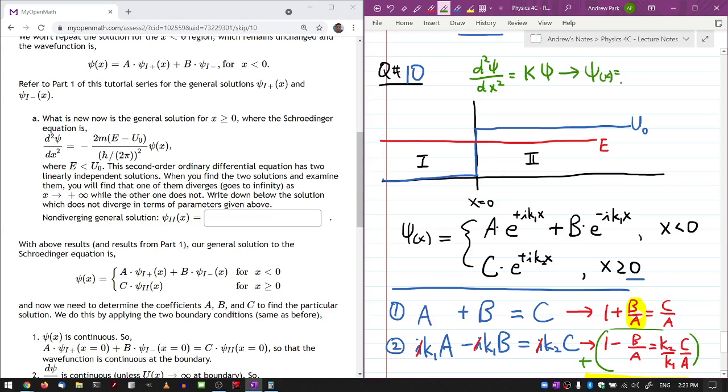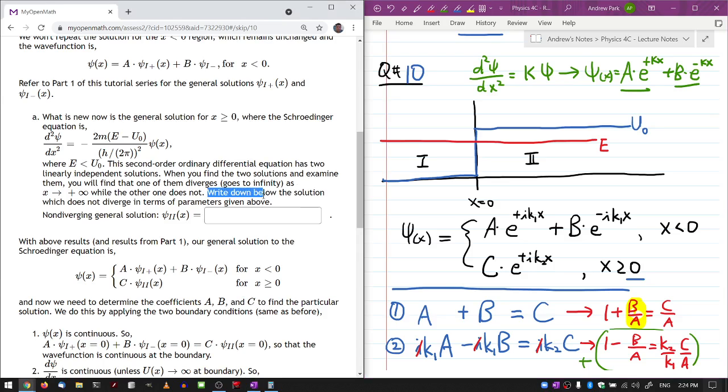It's a coefficient times the real exponential solutions, e to the plus kx, plus b times e to the minus kx. There are two potential solutions, and that's why the question tells you to find the solution; you'll find that one of them diverges while the other does not. Write down below the solution which does not diverge in terms of the parameters given above.